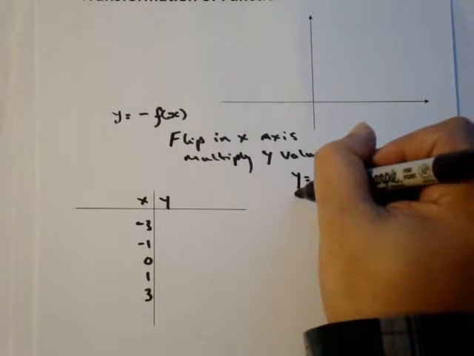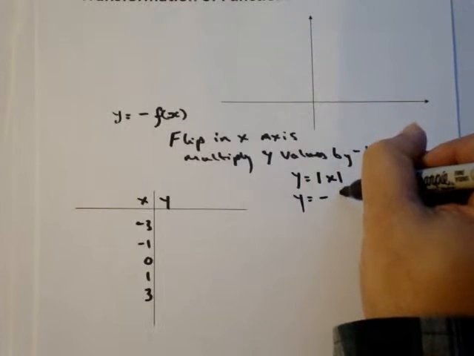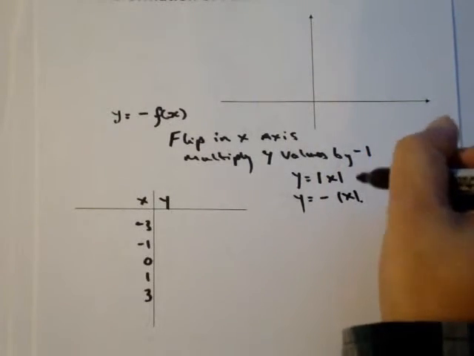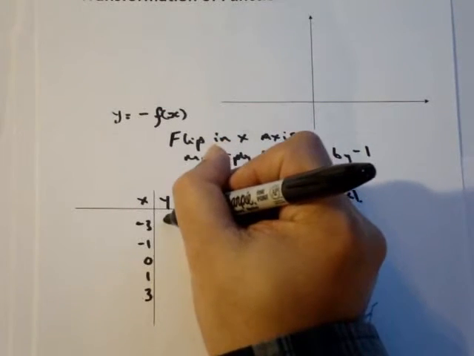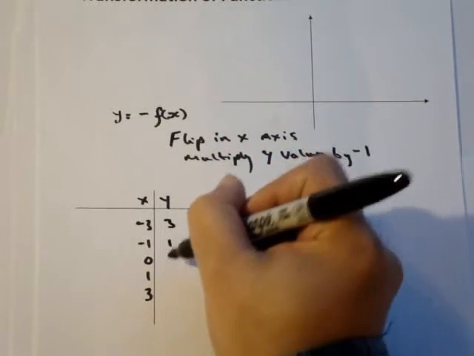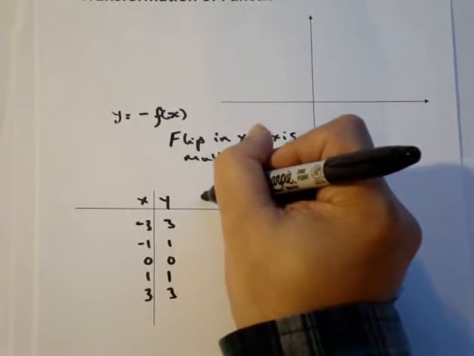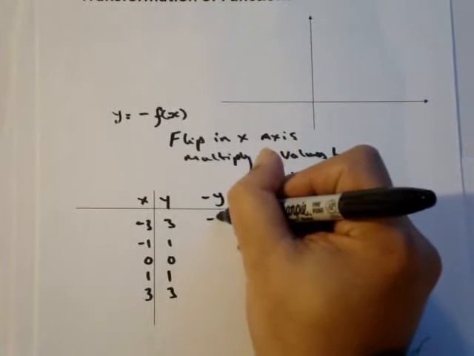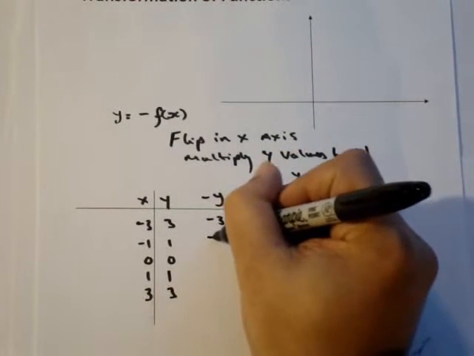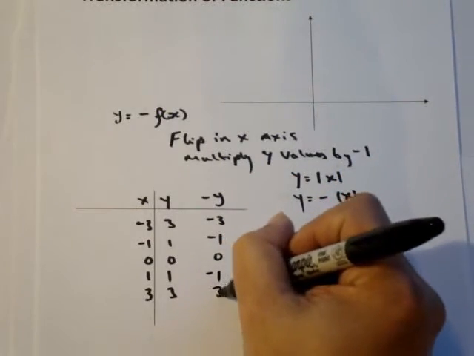Then our new transformed function would be y equals minus the absolute value of x. Here we would have our y as 3, 1, 0, 1, 3. Then we multiply by minus 1, and we have minus 3, minus 1, 0, minus 1, minus 3.